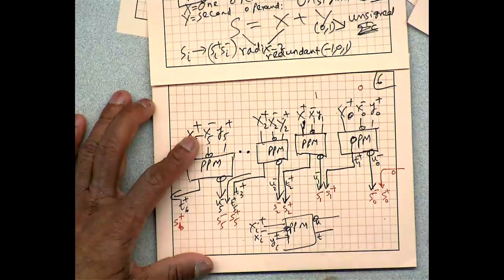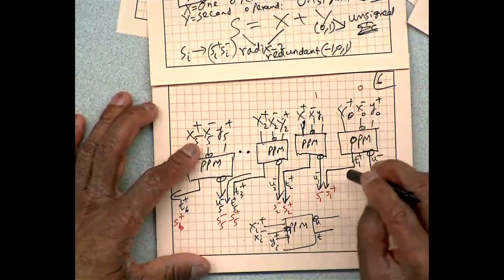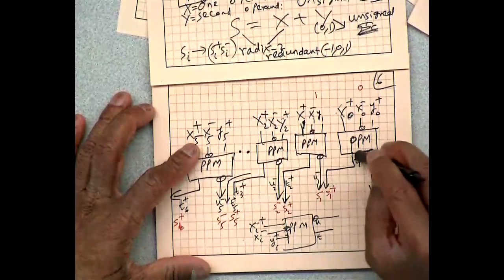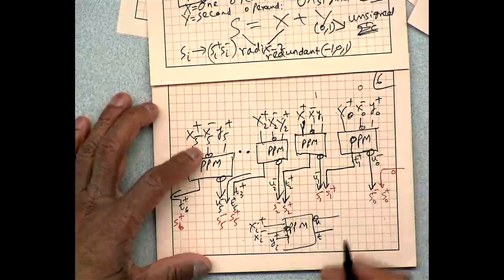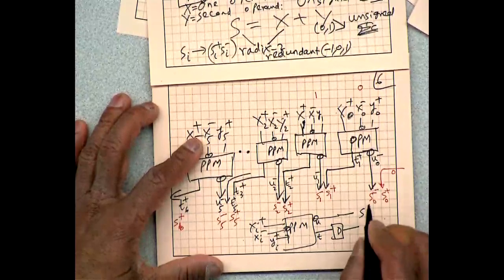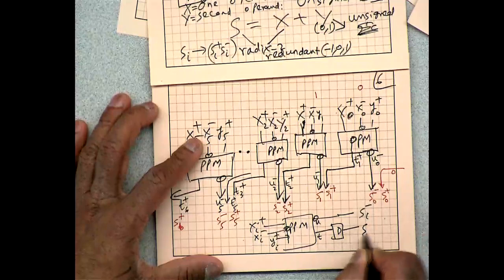Okay, so in clock cycle 1, I need to take the positively weighted bit that was computed in clock cycle 0. In clock cycle 0, the t digit, and I need to hold that for 1 cycle, and then this becomes si minus and si plus.